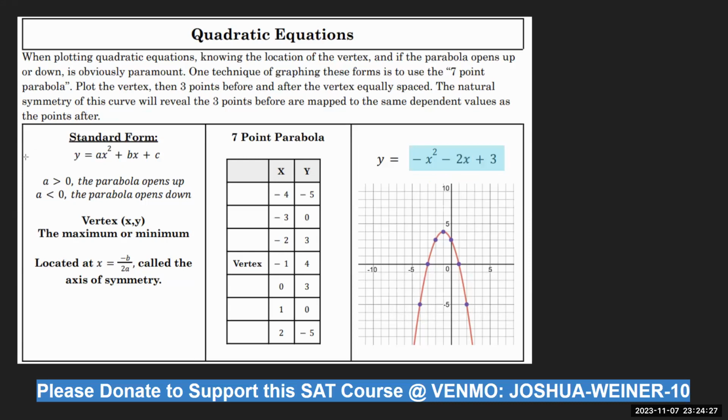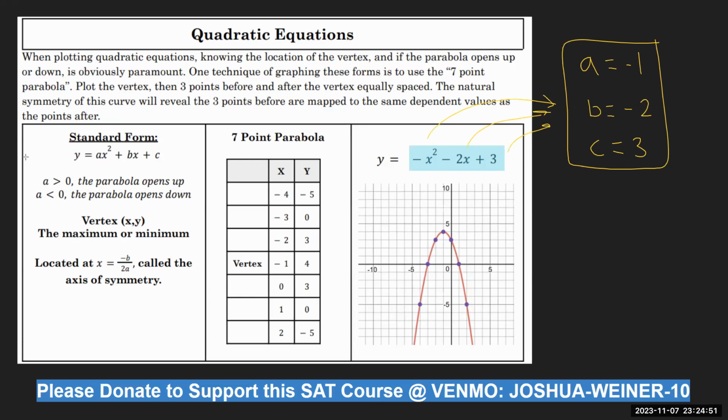So let me write that down on the right side. Extracting the A, B, and C from here, A is -1, B is -2, and C is 3. Those are our coefficients in standard form. The square term first, linear term, and the constant term last.